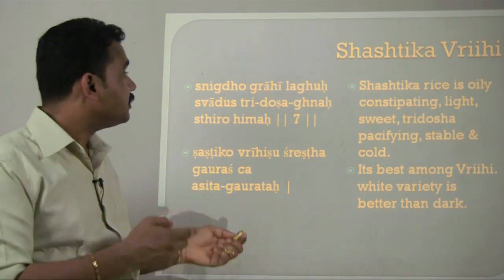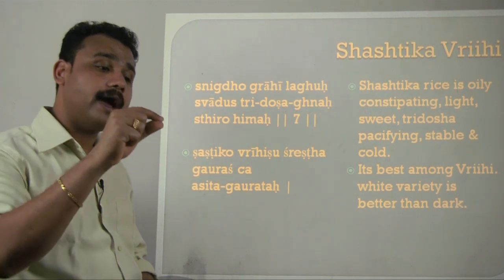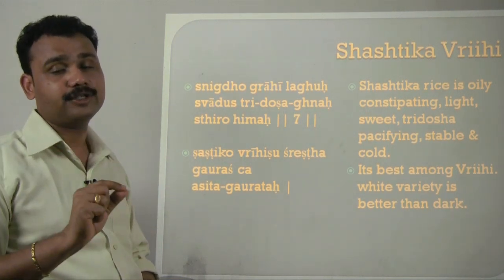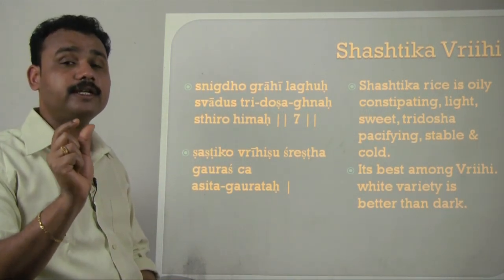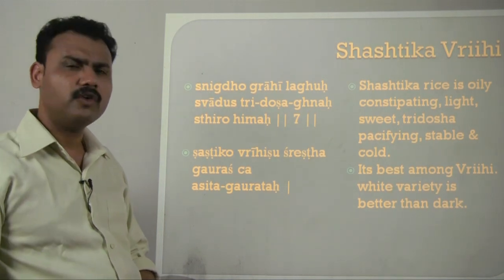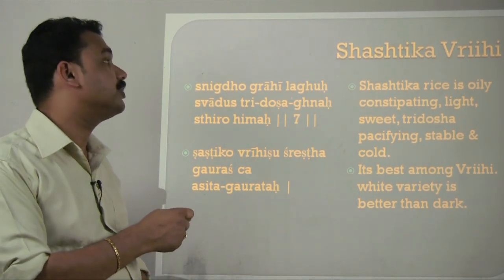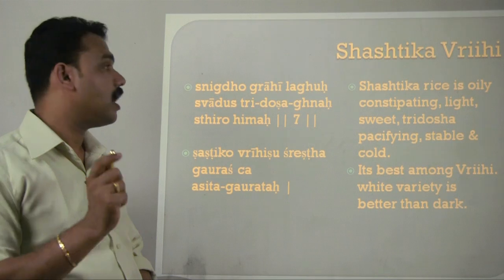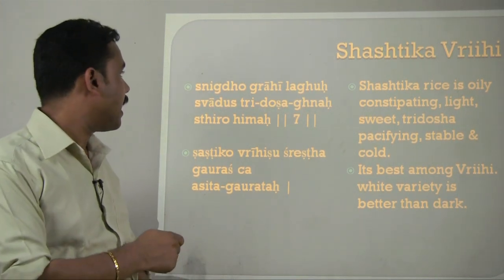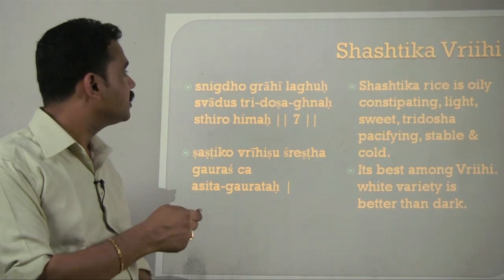So the time of contact between earth, water and this plant is short. Naturally it becomes less heavy and less cold. Of course it is cold, but it is lighter than other species, and it is swadu, it is definitely sweet, and it is tridoshagna.